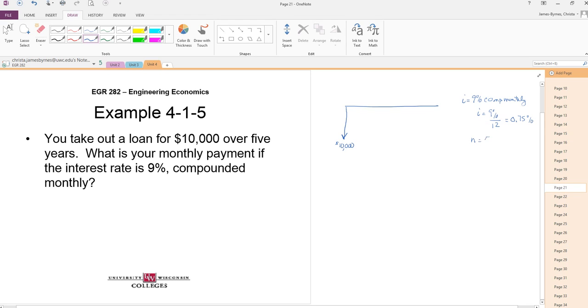N is 5 years, but I have to pay monthly, times 12 months per year. So N is 60 months. All right, N equals 60. There's my $10,000. Here's my uniform series going from 1 through 60.